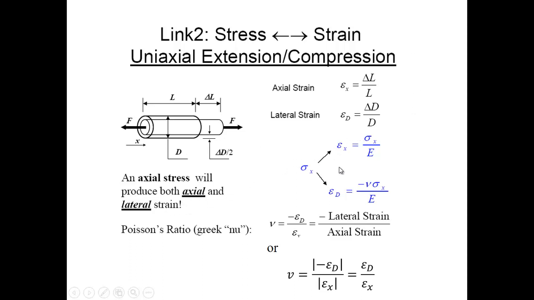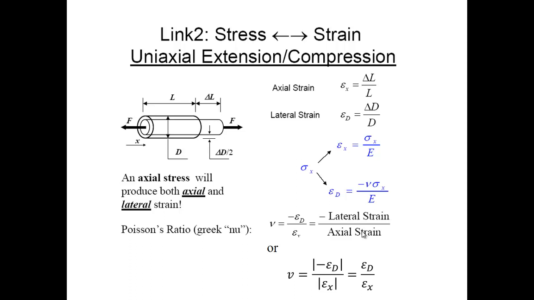Okay, so you know the axial strain and you have the lateral strain, so you will introduce one term called the Poisson ratio. What is the Poisson ratio? Poisson ratio is the ratio of the lateral strain over the axial strain. You need to remember every material has a different Poisson ratio.